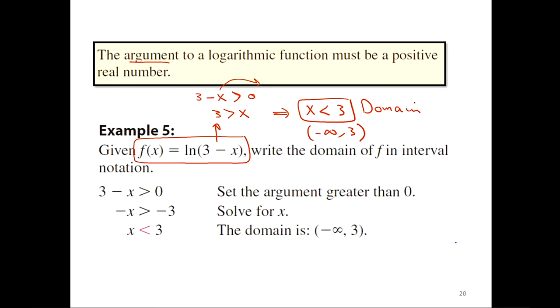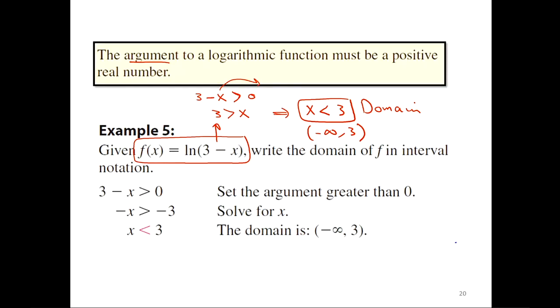What's the meaning of x less than 3? Less than 3 down to minus infinity. So any value from minus infinity to 3 can be substituted in f of x. But any value that makes the inside of the ln negative is not in the domain.